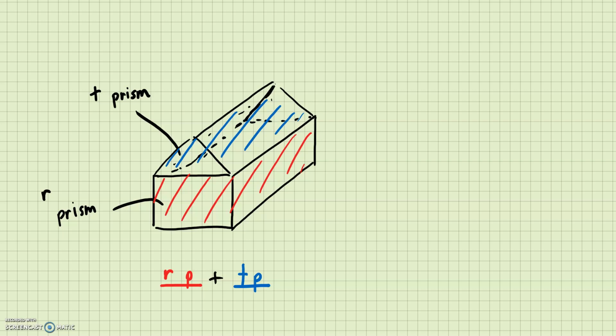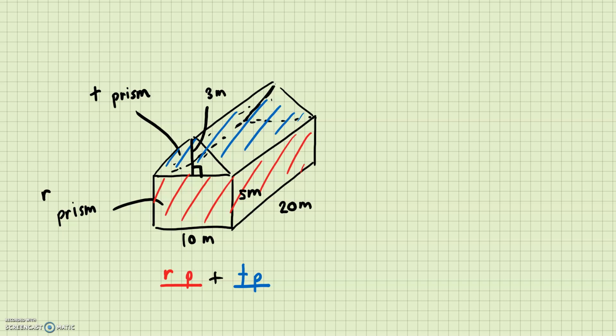Let's use actual numbers here. Let's say that is 10 meters. That is, let's say, 20 meters. The height is 5 meters. And for the triangular prism, we'll need this height right there. Let's say that is 3 meters.